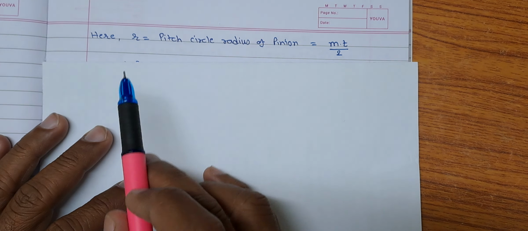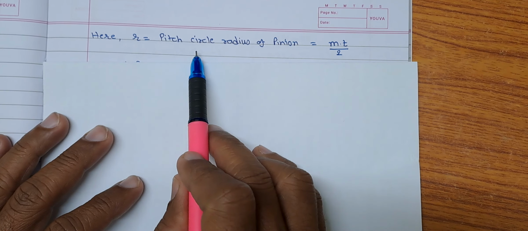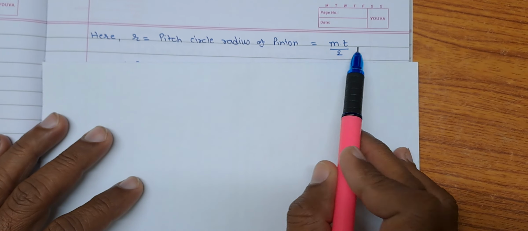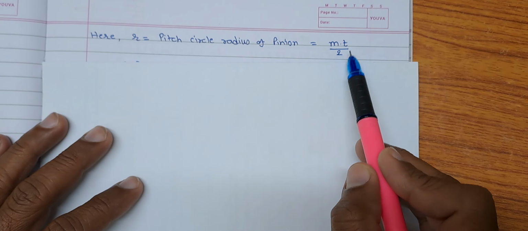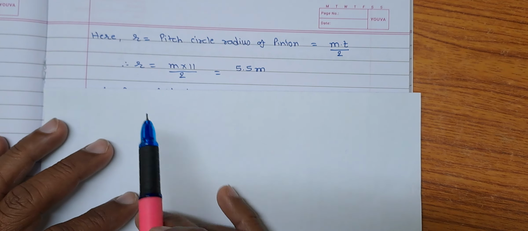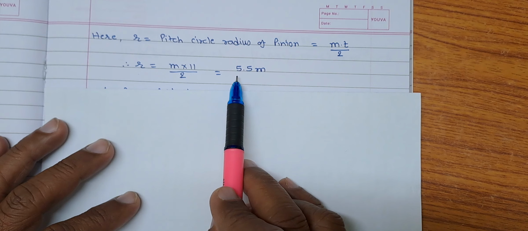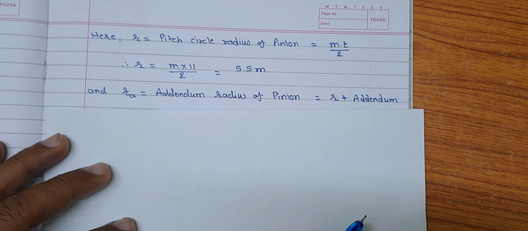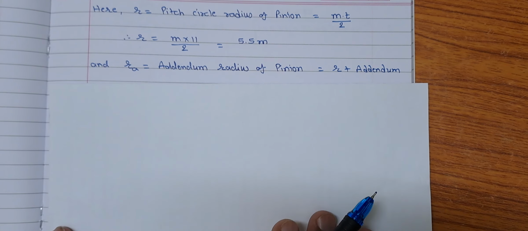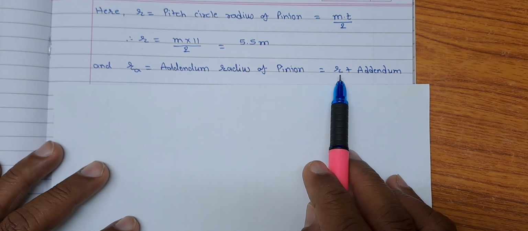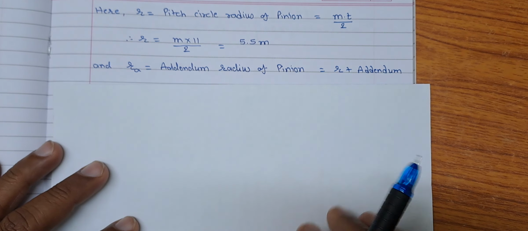In this relation, small r is pitch circle radius of pinion given by m into number of teeth of pinion by 2. On substitution of value, we found r, that is 5.5 times module, and Ra is addendum radius of pinion, that is given by pitch circle radius plus addendum.